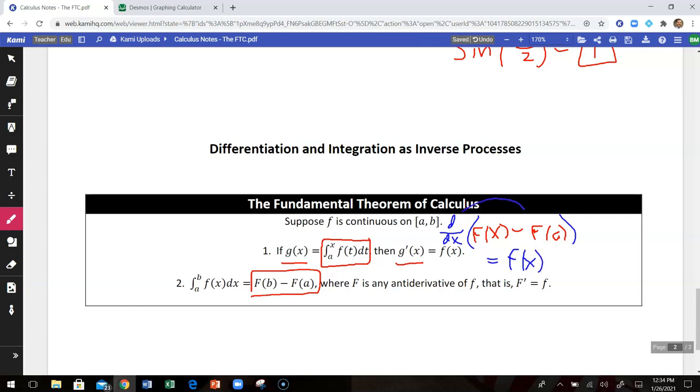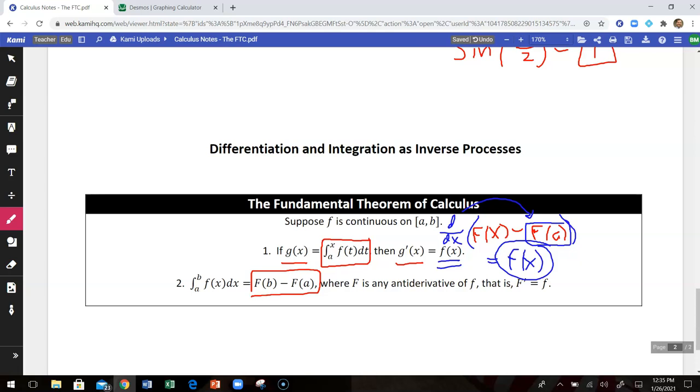And then I would be doing the derivative of the antiderivative evaluated at a. Now, a is a constant. So if I evaluate the antiderivative at a constant, that is going to be a constant. And if I take the derivative of that constant, that's going to be 0, which means it goes away. So I simply end up with f of x.